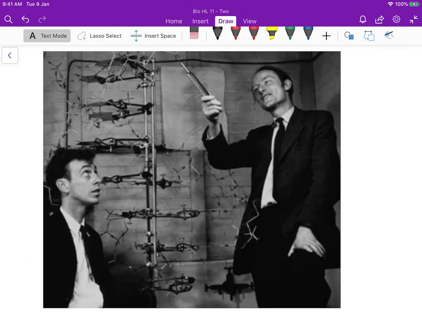And so what they did was they used cardboard cutouts. You can see here they used clamp stands and they cut out cardboard. And they started trying to make it work. Knowing what they knew about hydrogen bonding and structure, they knew the structure of the bases themselves, but they didn't know how they fitted together.